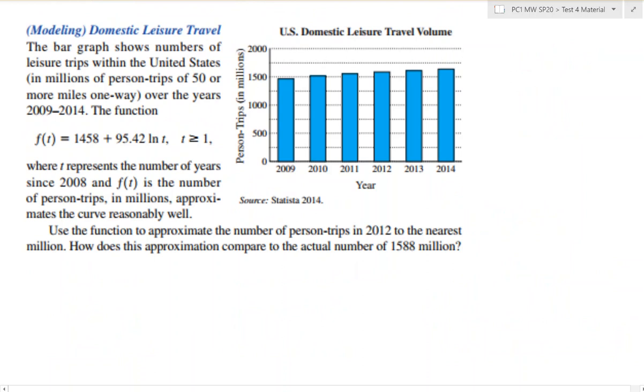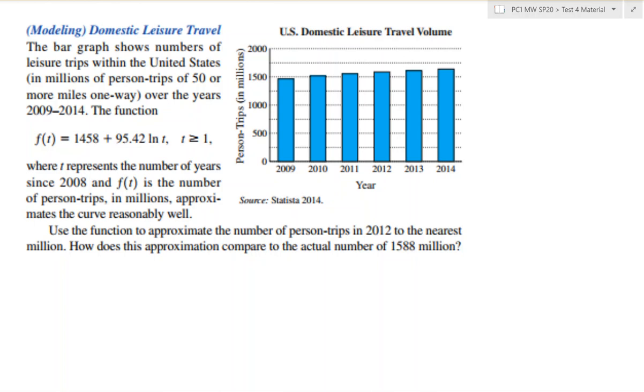In modeling domestic leisure travel, we have this bar graph showing the number of leisure trips within the United States, in millions of person trips of 50 or more miles one way, over the years 2009 to 2014. This function f of t, which is 1458 plus 95.42 natural log of t, with t greater than or equal to 1, where t represents the number of years since 2008 and f of t is the number of person trips in millions, approximates the curve reasonably well.